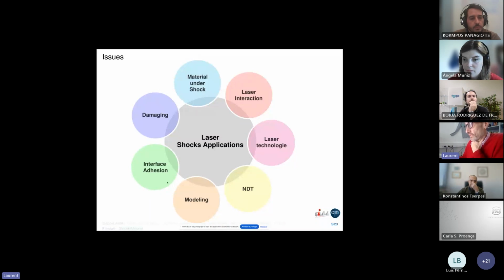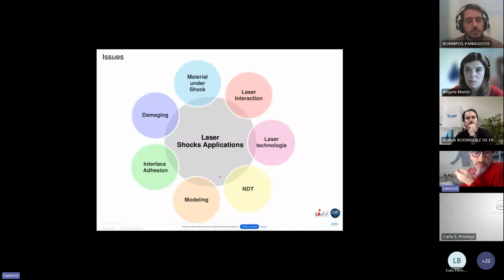So we discuss a few words about the impact of interface adhesion properties and the processing. And in relation with laser technology for implementations and many types of configuration, we need to check that we have good dismantling or a good effect in the materials, in relation with NDT techniques.